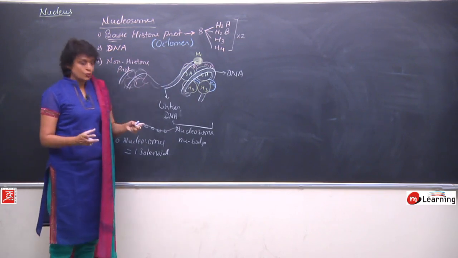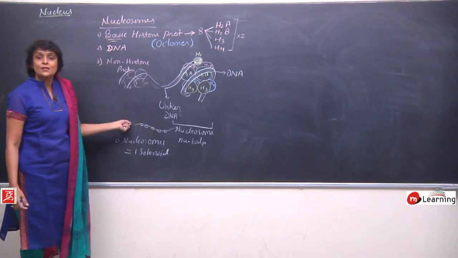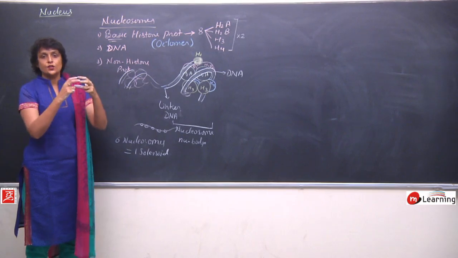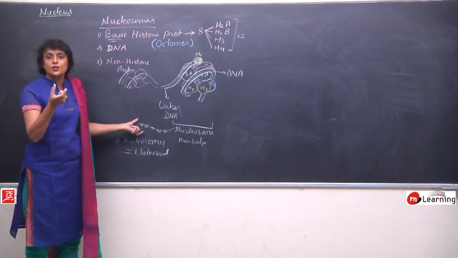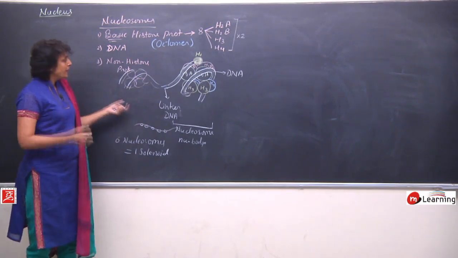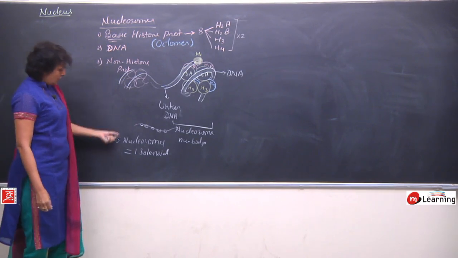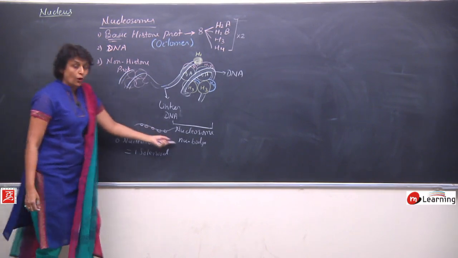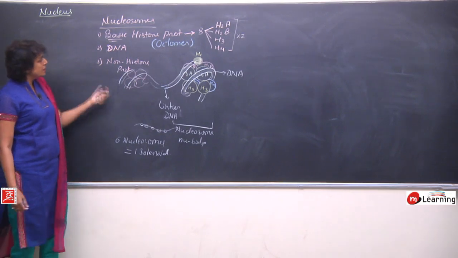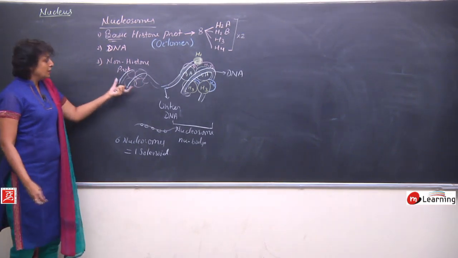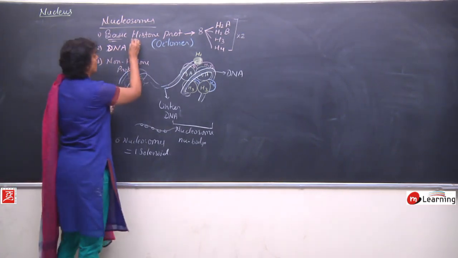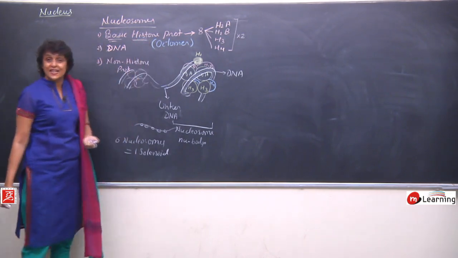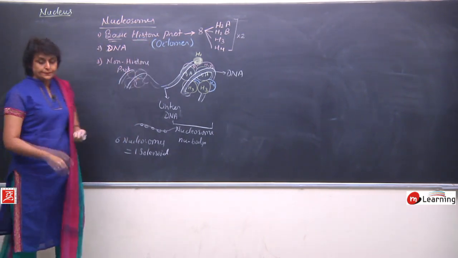And these nucleosomes, when we say the chromatin fibers condense, all these structures come closer and it gives the shape of that chromosome. Solenoid, new body, also another name given to this. So this is what is the nucleosome. Histone protein is the most important thing. These are basic in nature.